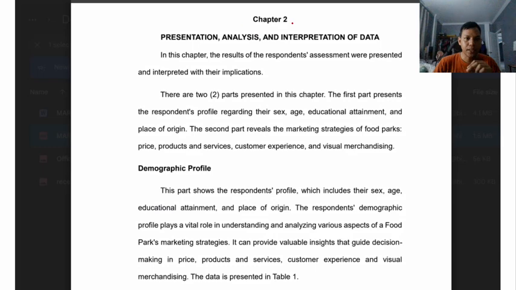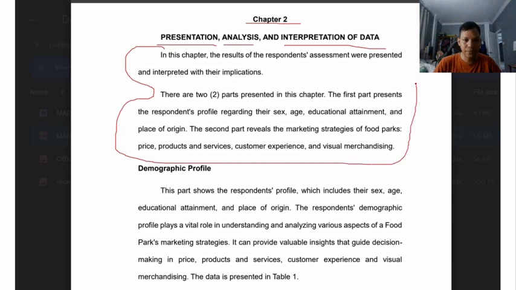So this is the part of chapter 2, presentation, analysis, and interpretation of data. This part is an introductory paragraph for the overall, for the entire chapter 2. Again, this is a brief introductory from the whole chapter 2.